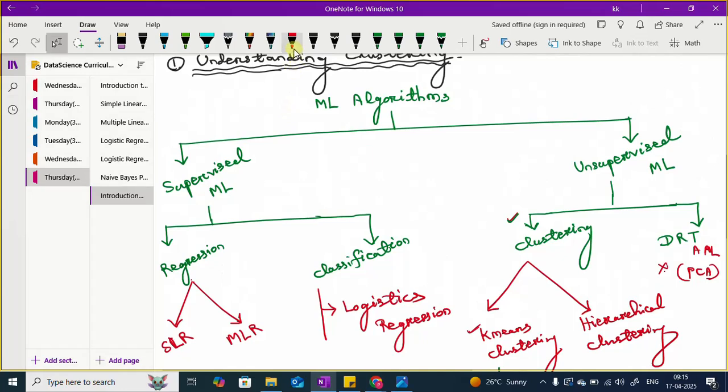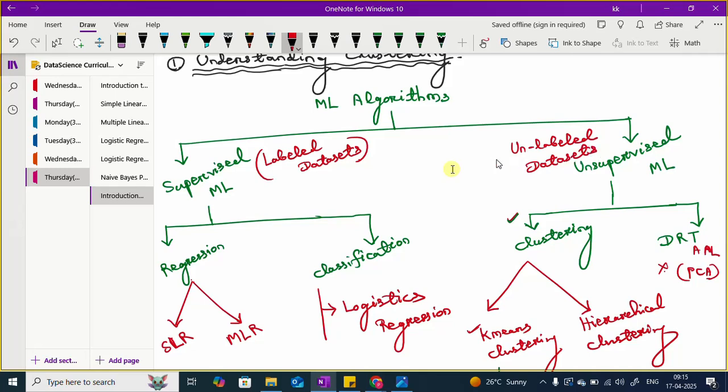The main difference is that supervised machine learning works based upon the labeled data set, but unsupervised works on unlabeled data set. What do you mean by that? I will show the same diagram I showed you, just to recall.